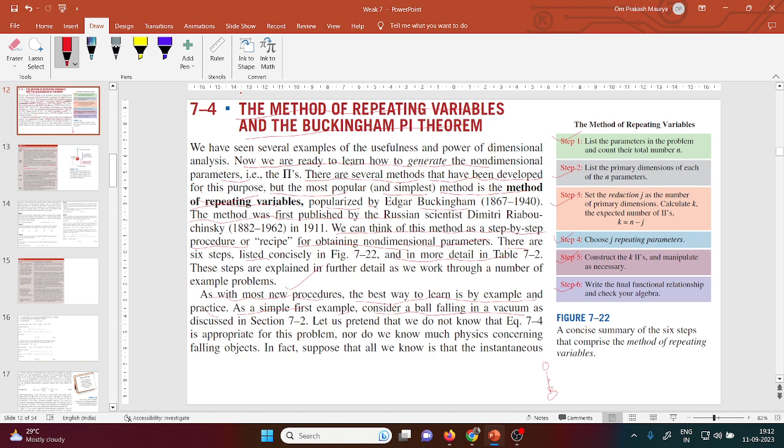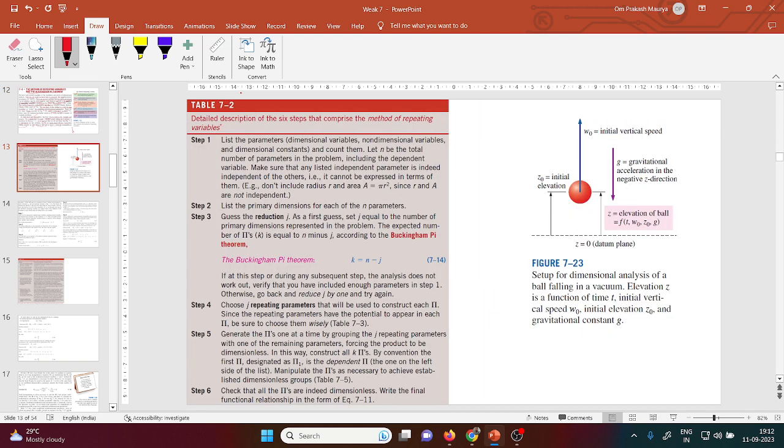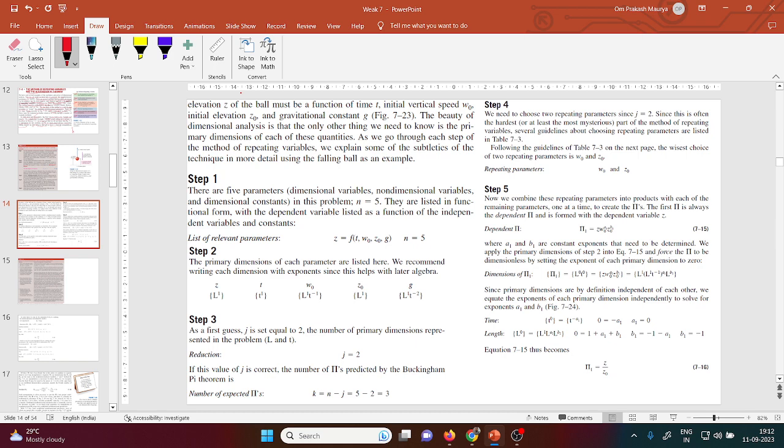Let us pretend that we do not know that Equation 7.4 is appropriate for this problem, nor do we know much physics concerning falling objects. Suppose all we know is that the instantaneous elevation of the ball, z, must be a function of time, initial vertical speed, initial elevation z naught, and the gravitational constant g. This is the figure.